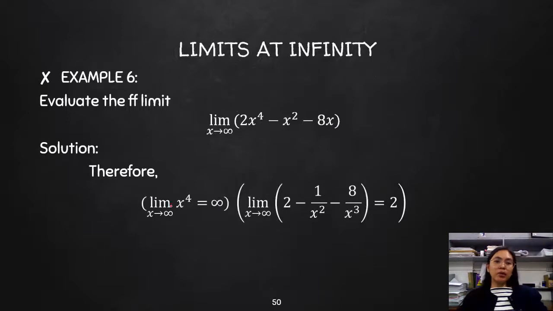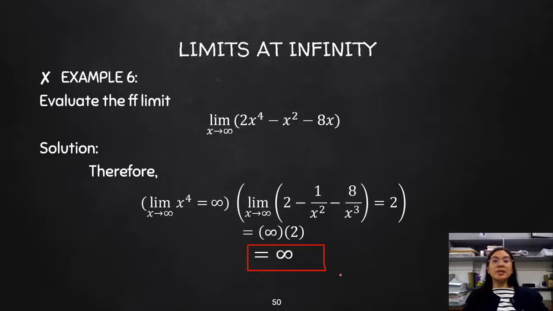Therefore, the limit of x raised to 4 as x approaches infinity is infinity multiplied by the limit of 2 minus 1 all over x squared minus 8 all over x cubed as x approaches infinity is 2. So, infinity times 2 is equal to infinity. So, ibig sabihin, if you evaluate this particular limit, you will come up with the answer equal to infinity.